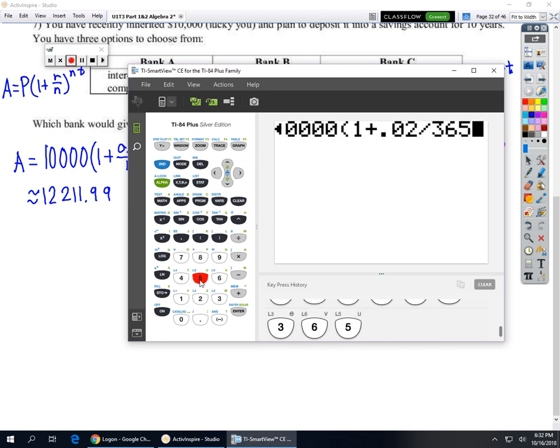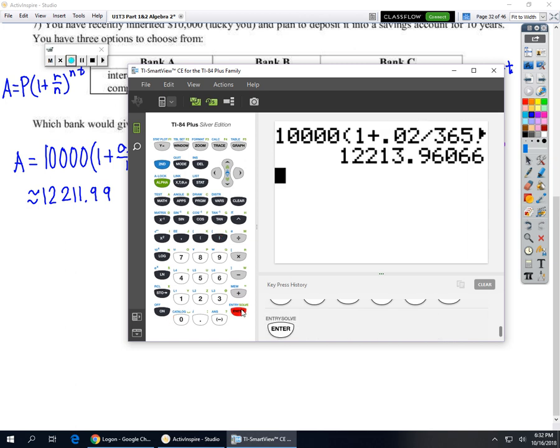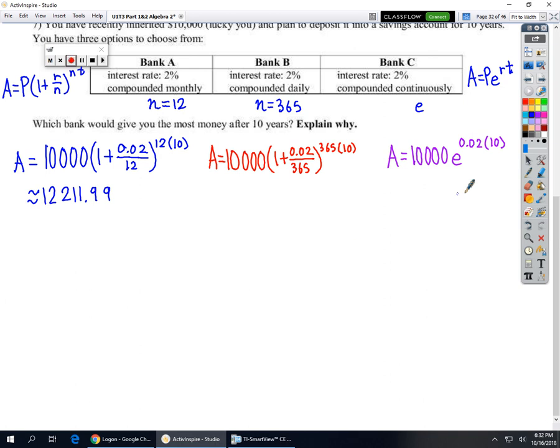Divided by 365 to the power of 365 times 10. And that is $12,213.96. A little bit more. So compounding daily is a little bit better. So this is approximately 12,213.96.